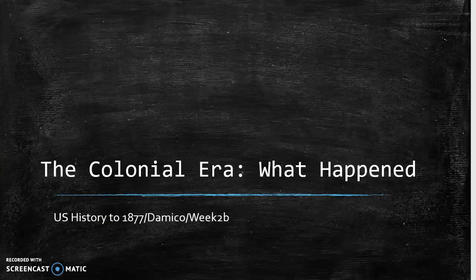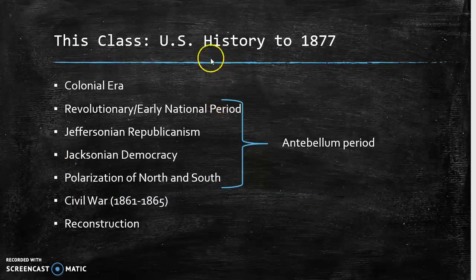So, the colonial era. What happened? Here's a basic overview of U.S. history to 1877, which is what our class is about.